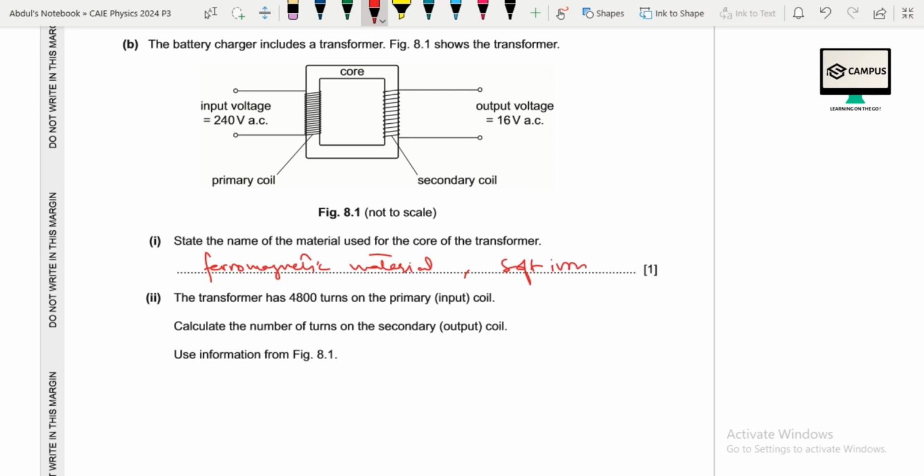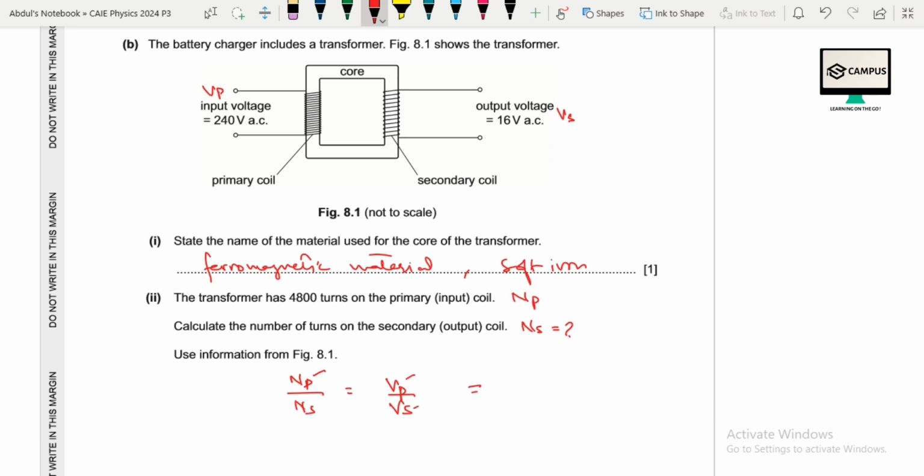For part 2, the transformer has 4800 turns on the primary coil. We call that NP. And calculate the number of turns on the secondary coil. We call that NS, which is to be found out. All right. So we also know the input voltage and output voltage. We call that VP because this is the voltage in the primary coil, and we call that VS because it is the voltage on the secondary coil. So from the turns ratio formula, we can say that NP over NS is equal to VP over VS. We know all these things: number of turns in the primary, primary voltage, secondary voltage.